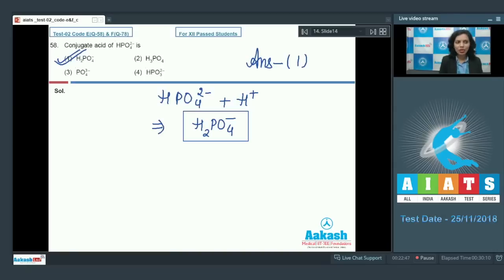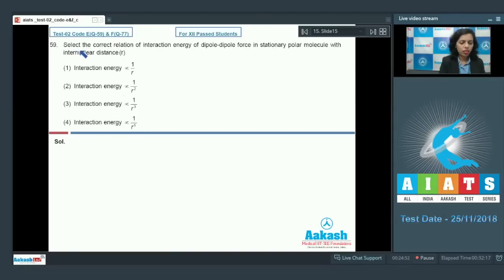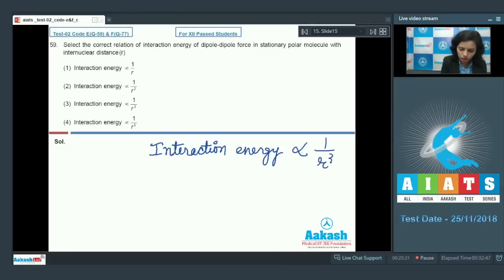After this, it's a turn for the next question. Select the correct relation of interaction energy of dipole-dipole force in stationary polar molecule with internuclear distance, that is R. So we should know that the interaction energy of dipole-dipole force in stationary polar molecule is inversely proportional to R cube, where R is the internuclear distance.